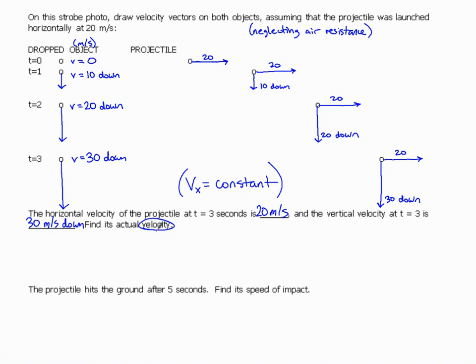Rather than using the formulas, we're going to start with a picture. So its vertical velocity is 30 down, its horizontal velocity is 20, and this is its actual velocity.